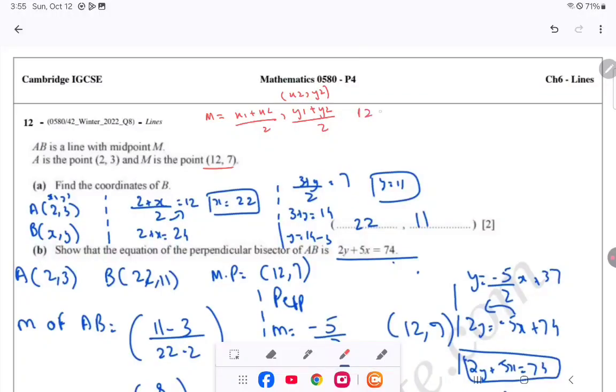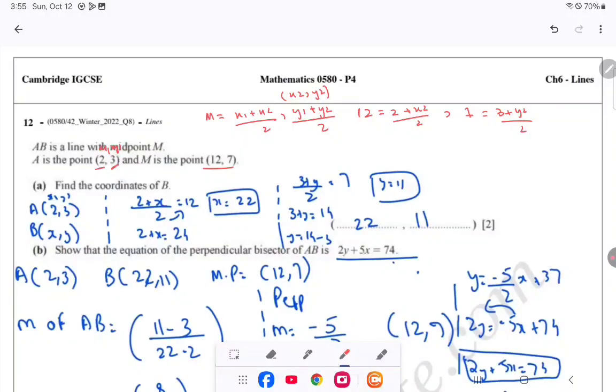Here 12 is equal to (2 plus x2) over 2, and for y, the midpoint 7 is equal to (3 plus y2) over 2.